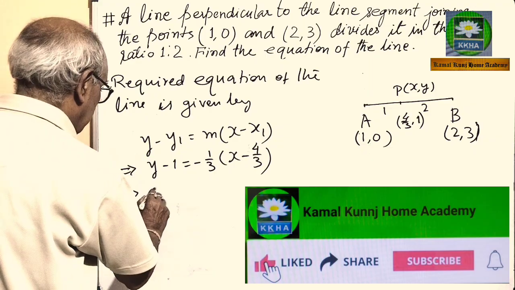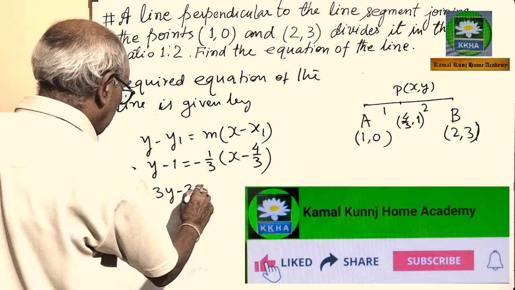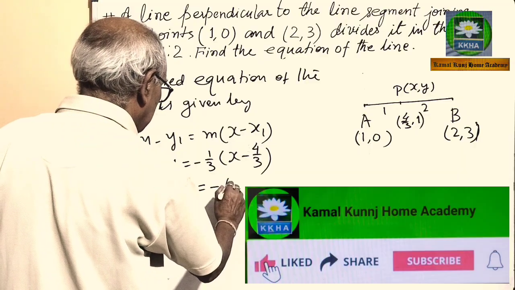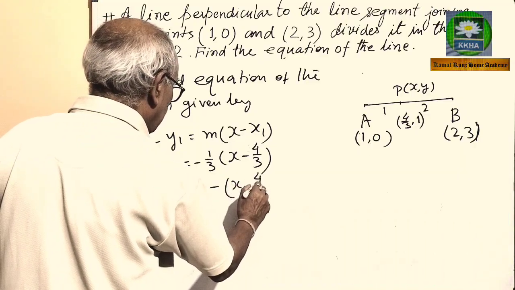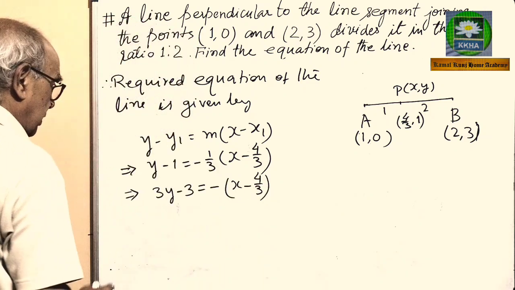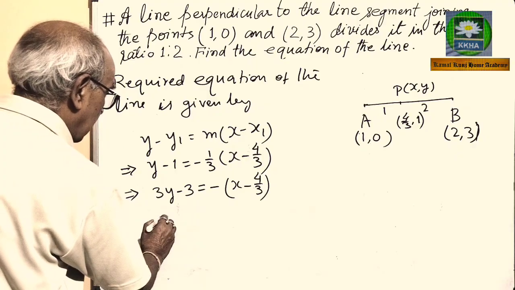This implies that 3y minus 3 equal to minus x plus 4 upon 3, by multiplying with 3 throughout both sides.